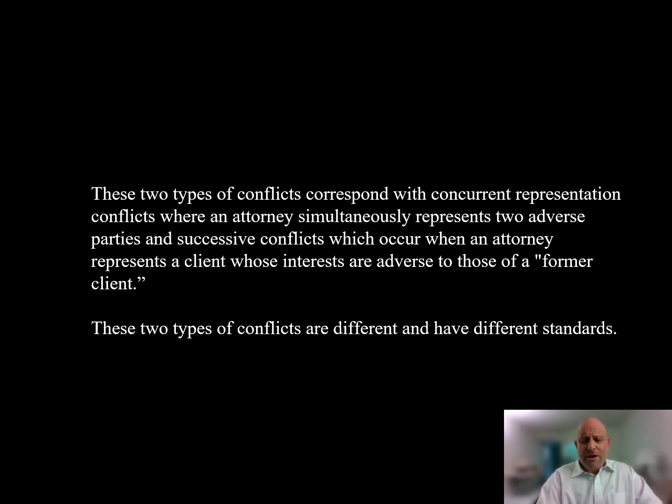What's important here is that the court does not treat this as a successive conflict, and treats it as a concurrent representation conflict. The reason it does that is because the conflict is analyzed at the time of the motion for disqualification.